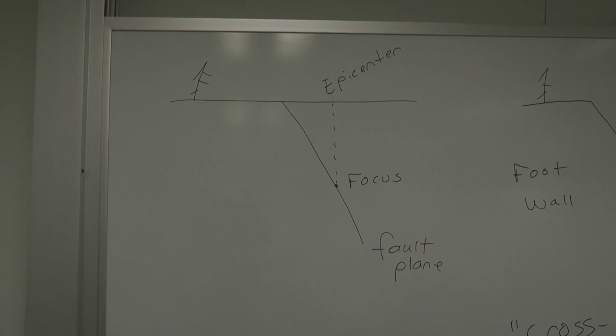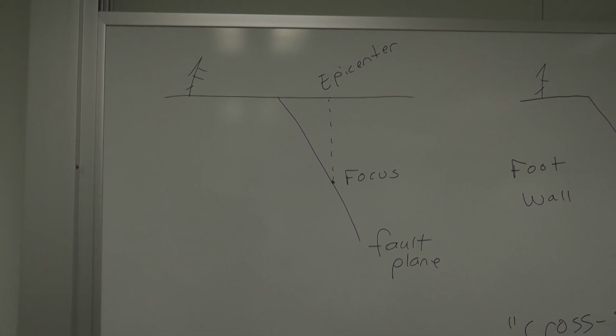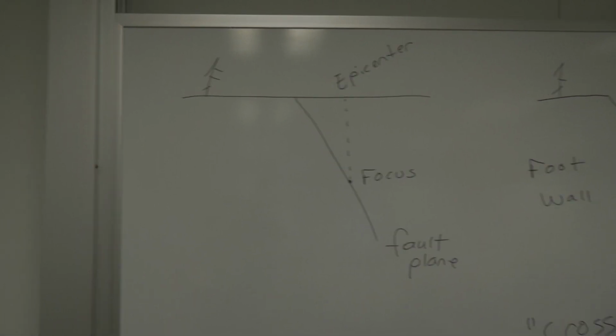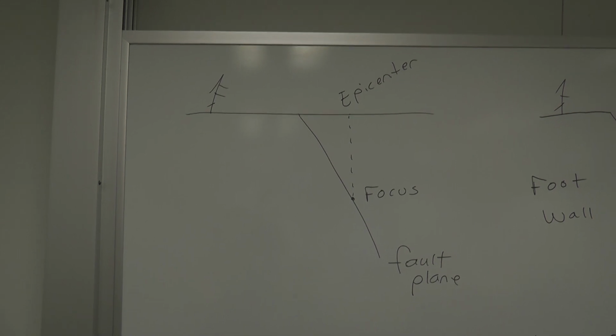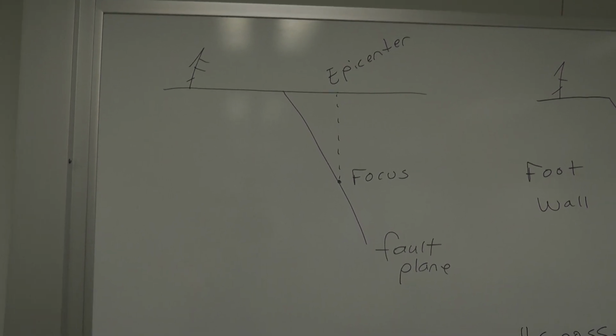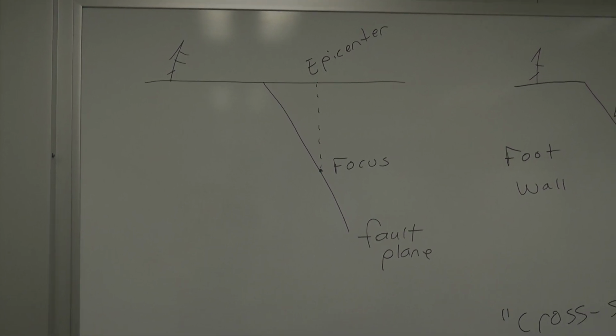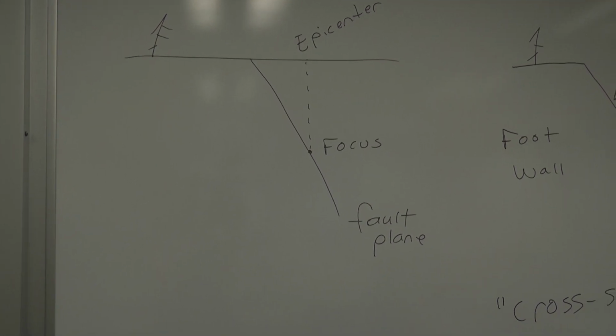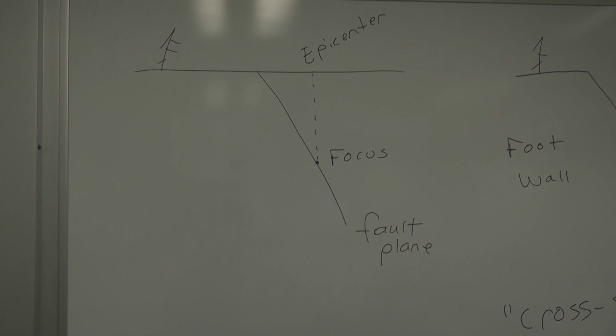So this first figure we're looking at here, we see the ground surface there at the top, and that funny looking pointy thing is the Charlie Brown Christmas tree, and that just tells us where we have the ground surface. All right, so you see a sloping line labeled fault plane. That is our sloping fault plane.